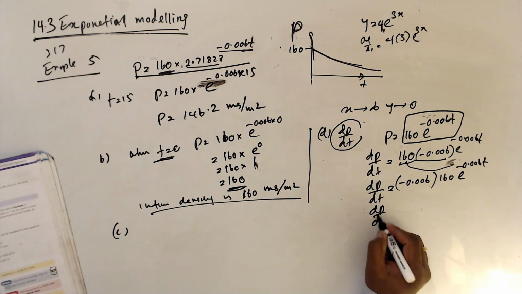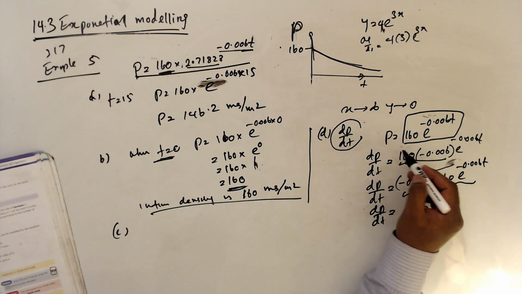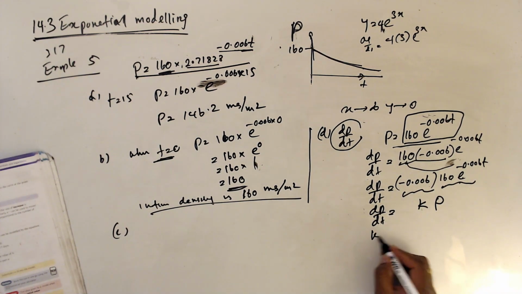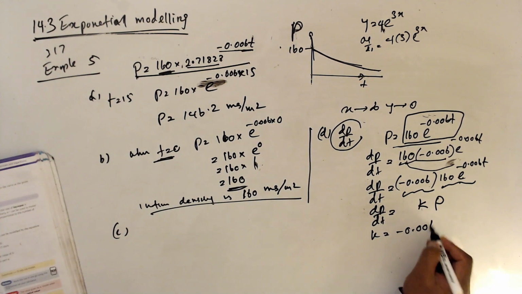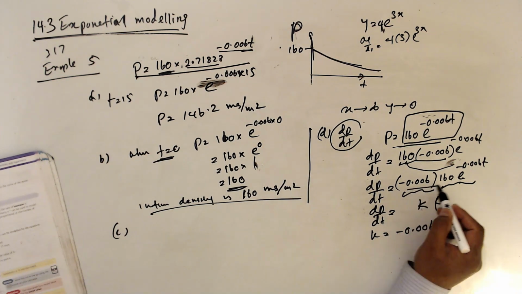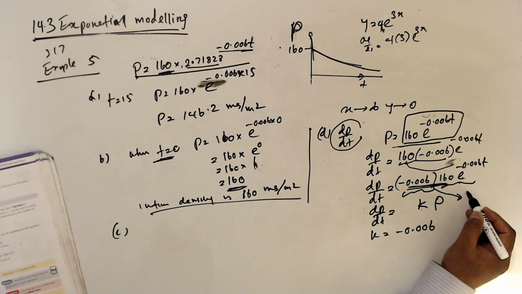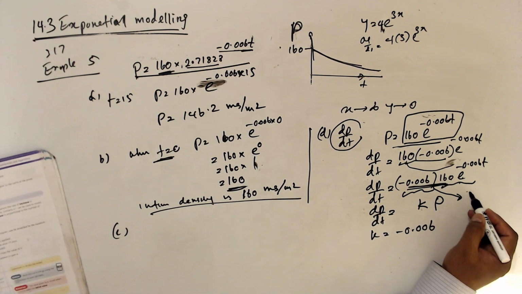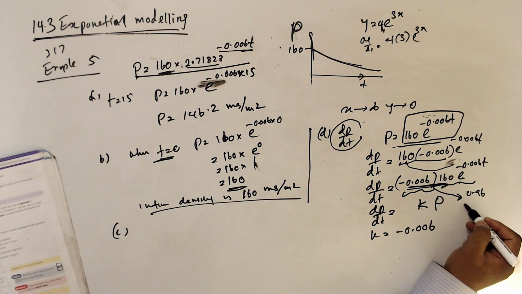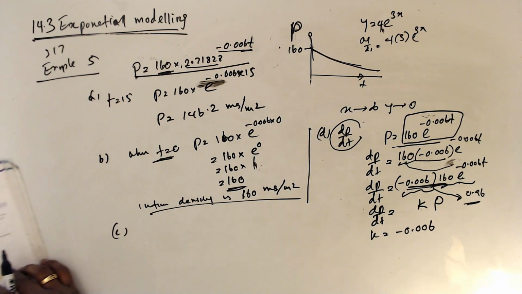Then dP over dt equals, this is k, and this is P, 160 times this one. Then the k value is minus 0.006. However, if they need the constant, when you multiply these two together, the answer is going to be 0.96. So we'll leave it, it doesn't matter, it will not affect other sums.